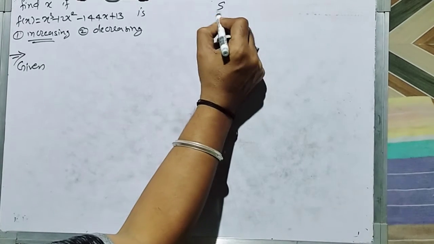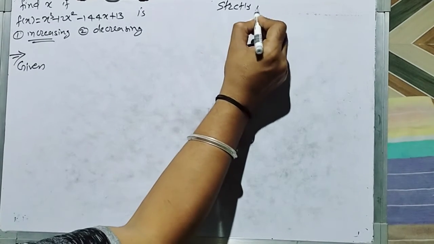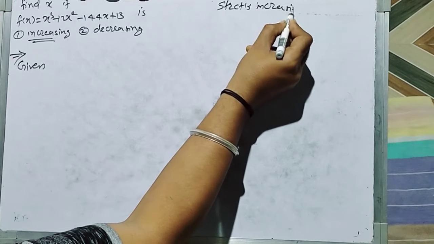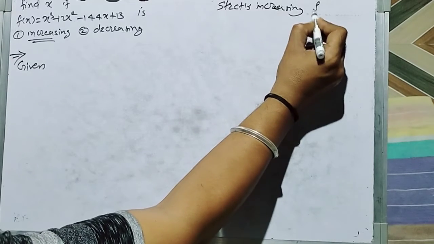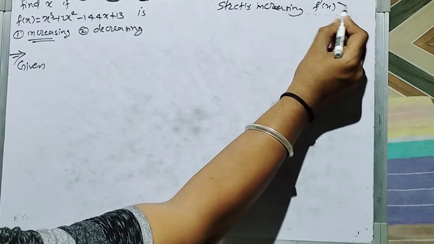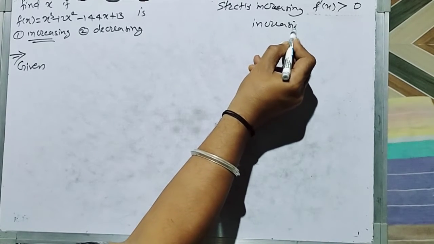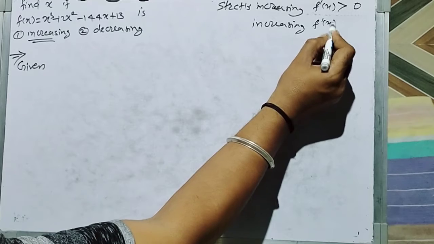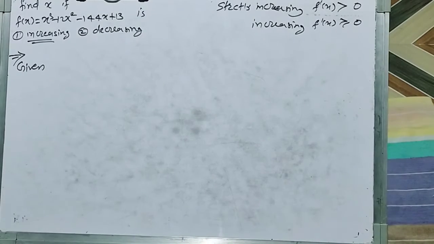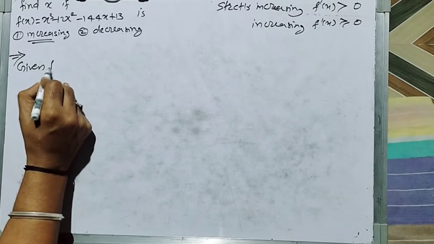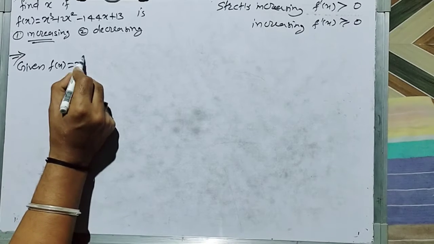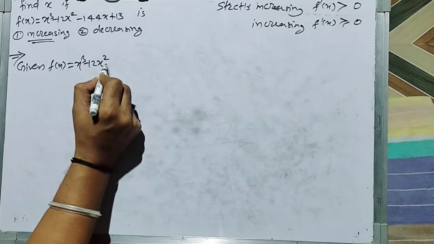So here strictly increasing means f dash of x is greater than 0, and simply increasing means f dash of x is greater than or equals to 0.